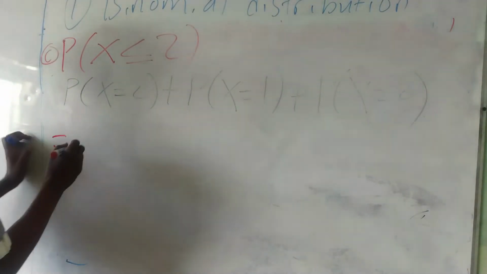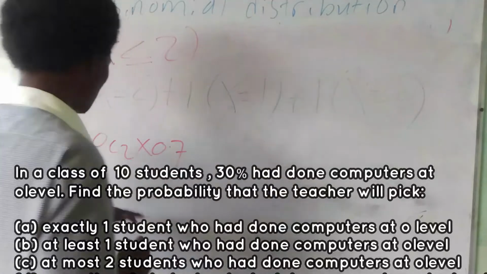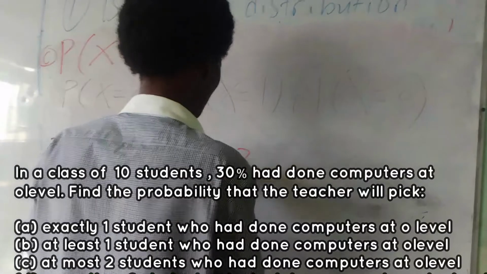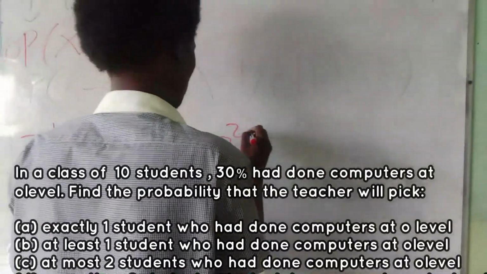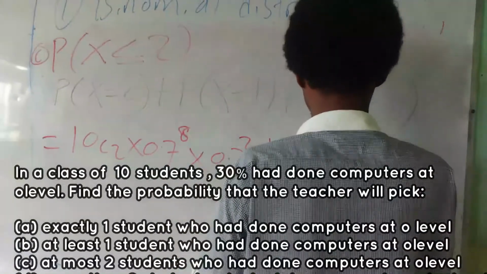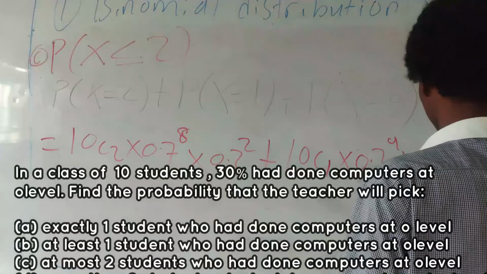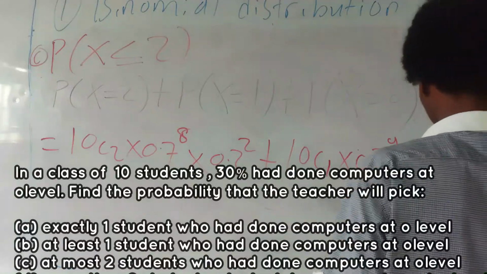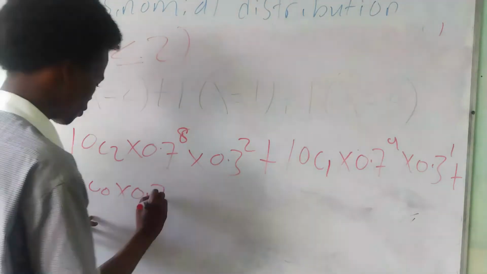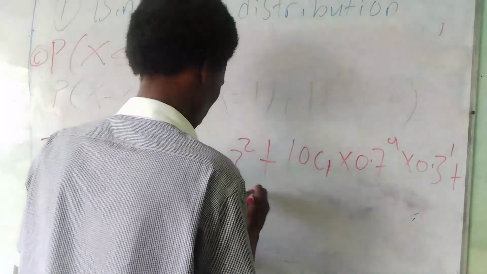So it's equal to 10 choose 2 times 0.7 to the power of n minus x, which is 8 here, times 0.3 to the power of 2, plus 10 choose 1 times 0.7 to the power of 9 times 0.3 to the power of 1, plus 10 choose 0 times 0.7 to the power of 10 times 0.3 to the power of 0.